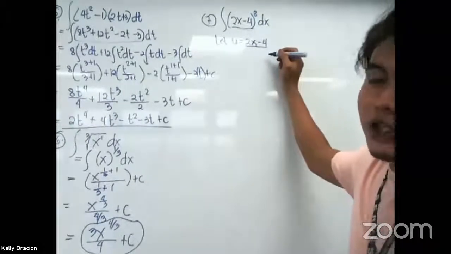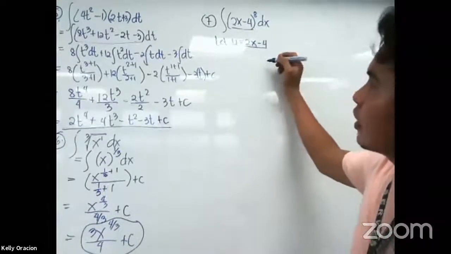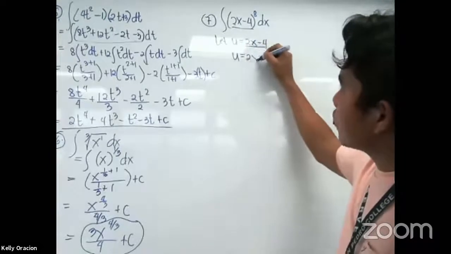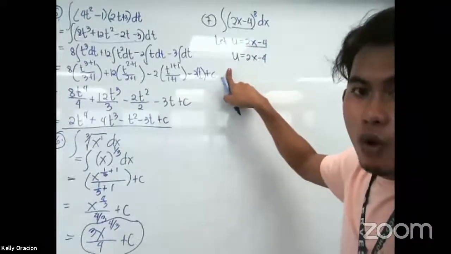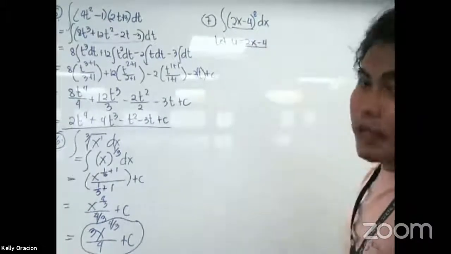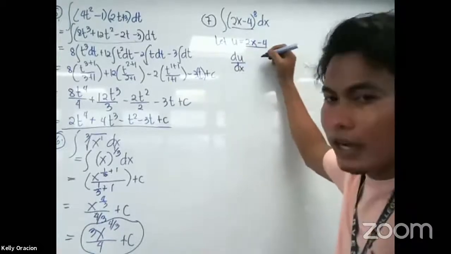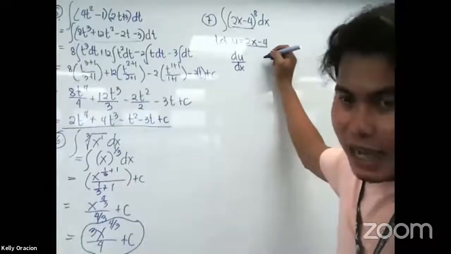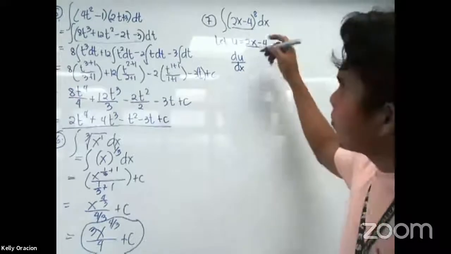Now, after this one, what is the derivative of u? The derivative of u with respect to x is du over dx.